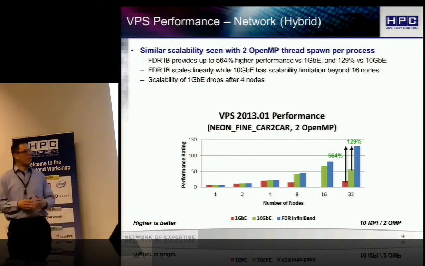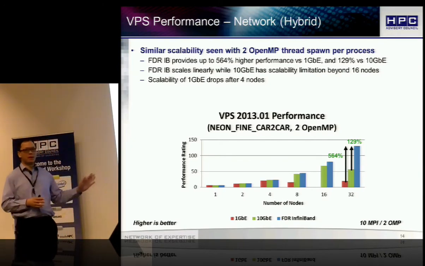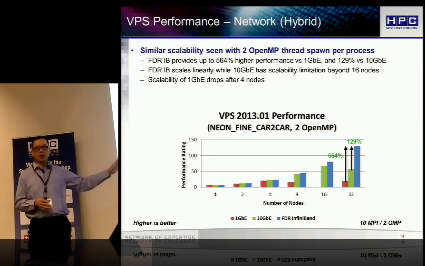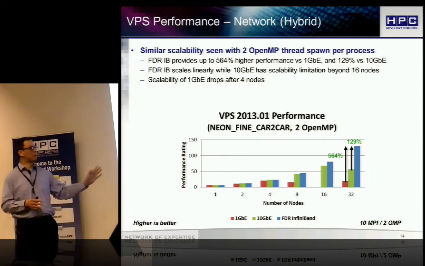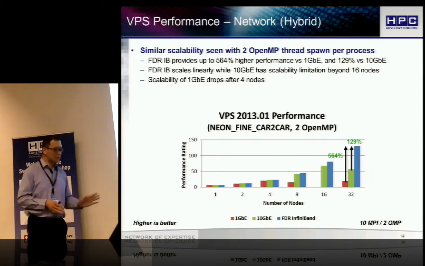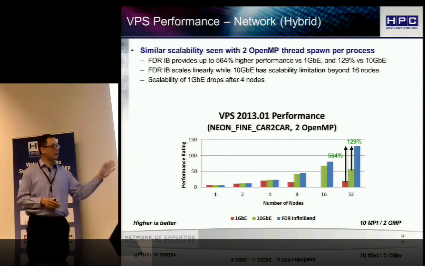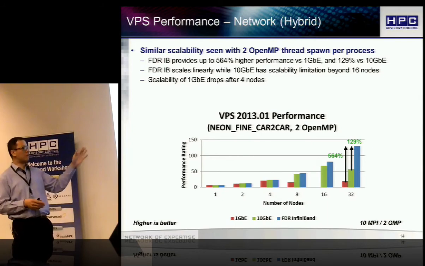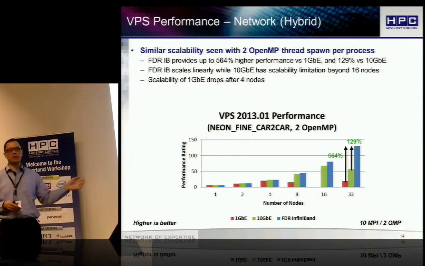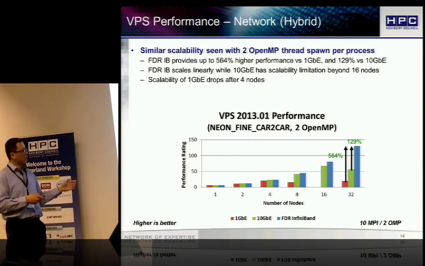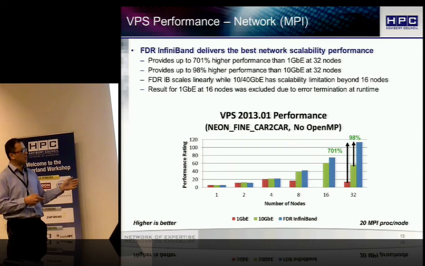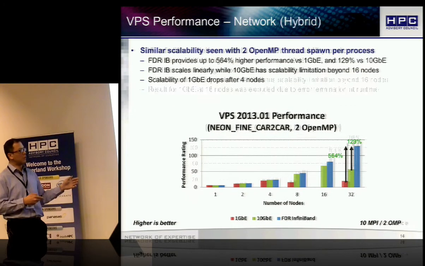In this comparison, what I'm showing you is the hybrid mode, where we have 10 MPI processes, each of them spawning 2 threads. Similar to the previous slide, we see a really big difference and huge gain from InfiniBand versus 10 gig E at 32 nodes. But if you compare, the difference is closing in.